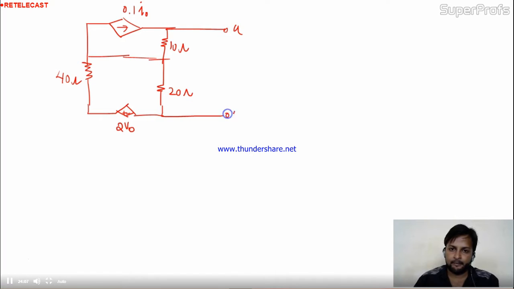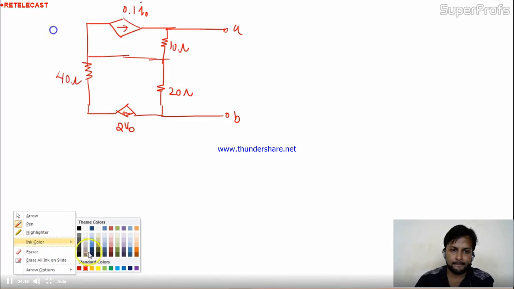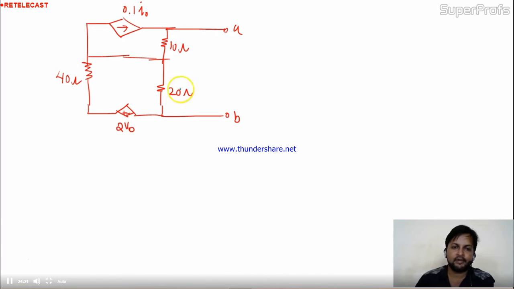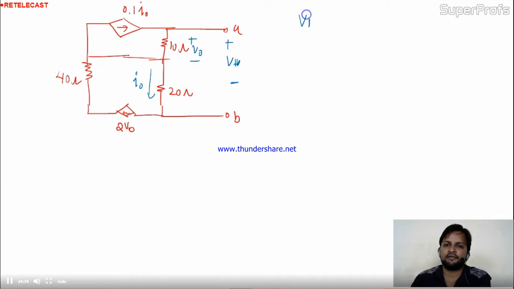A and B. Across A and B, we have to calculate the VTH. The I naught is given in this branch, the V naught is given across here, and VTH is nothing but the voltage across A and B. So friends, we have to calculate VTH.